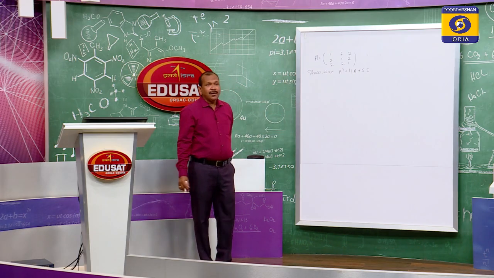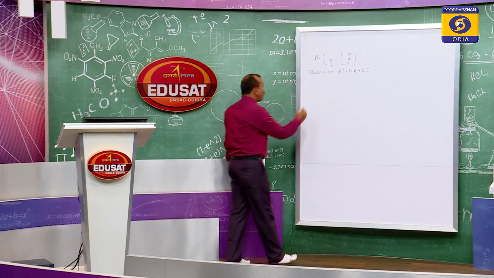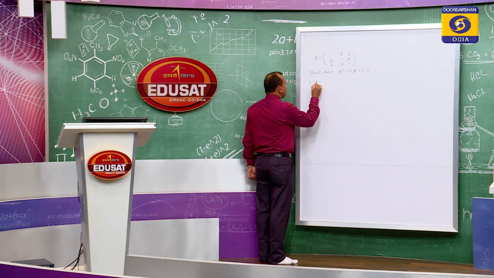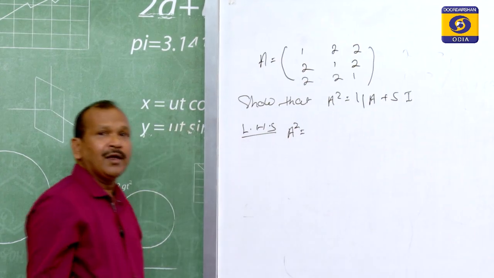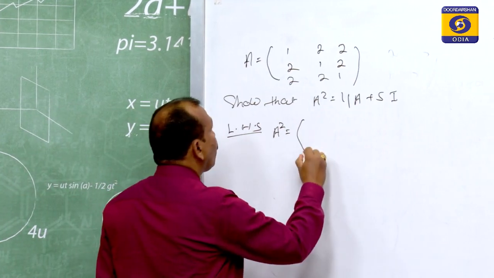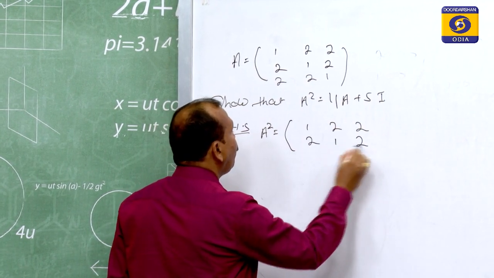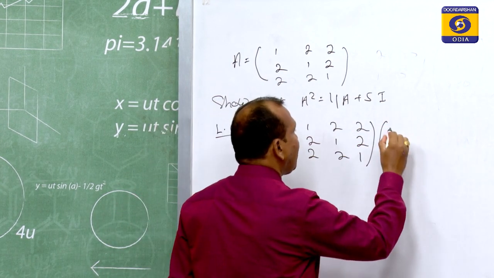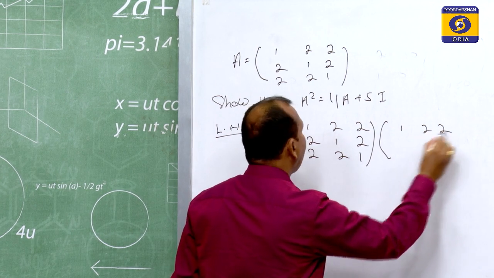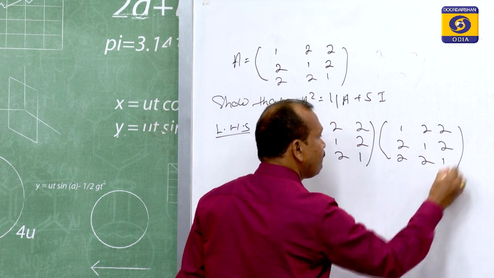Here A is a matrix having order 3 cross 3. Then we can easily find out A square. Now we work on the left-hand side. A square becomes the matrix 1 2 2, 2 1 2, 2 2 1 multiplied by the matrix 1 2 2, 2 1 2, 2 2 1.